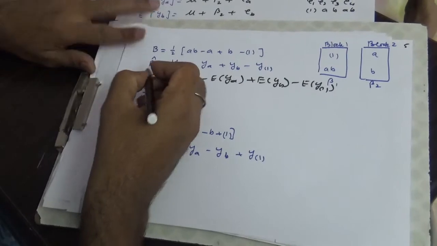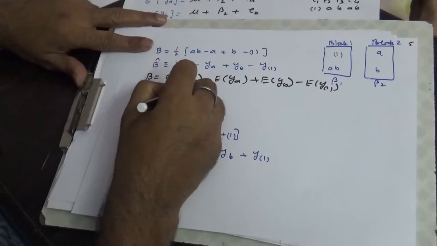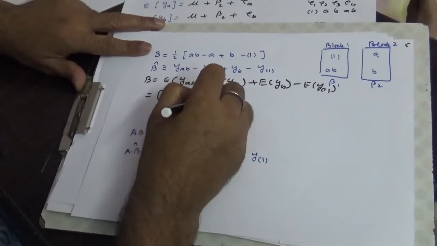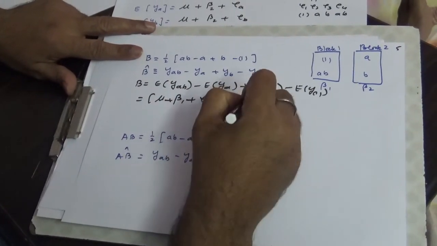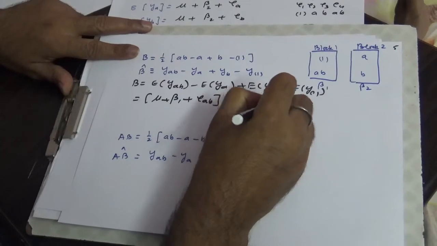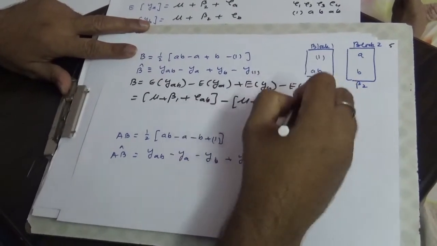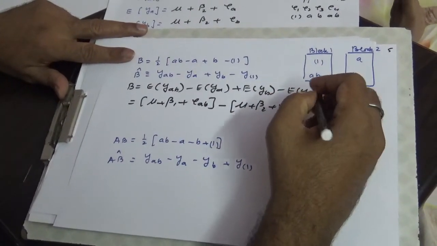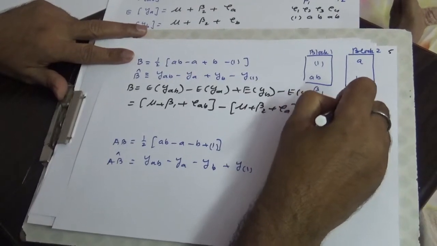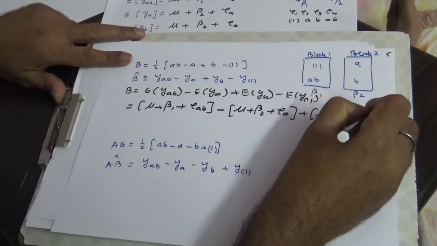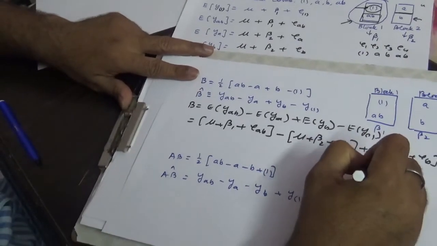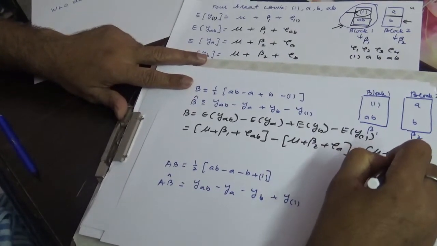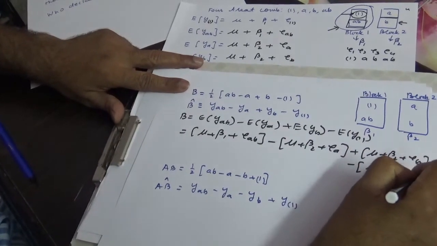Y AB is mu plus beta 1 plus tau AB, minus expected value of YA, which is mu plus beta 2 plus tau A, plus YB. YB is mu plus beta 2 plus tau B, and minus expected value of Y1, which is mu plus beta 1 plus tau 1.